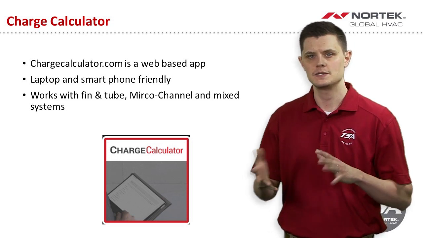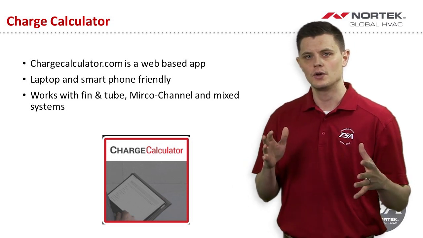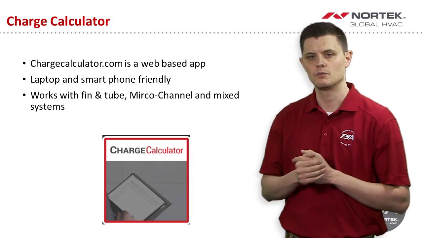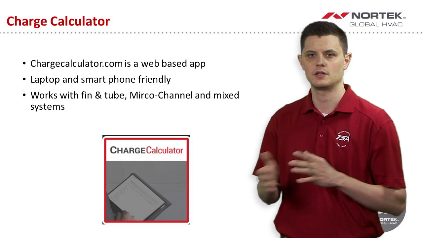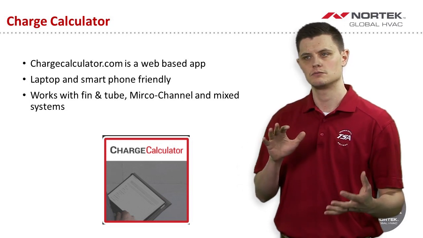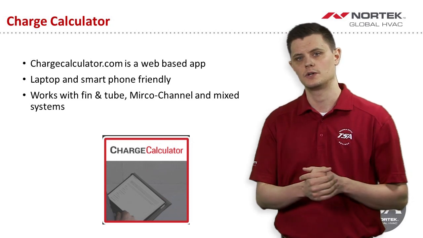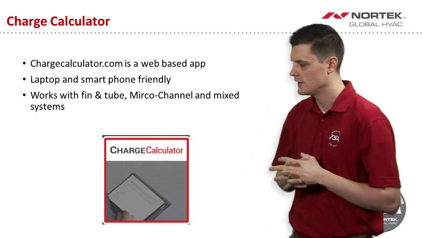But basically the calculator has both technologies built into that. So we'll look at that in the example where you can select either microchannel indoor and a copper tube and fin outdoor, and go from there.